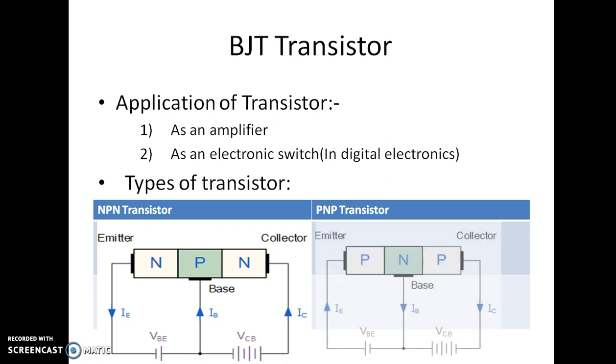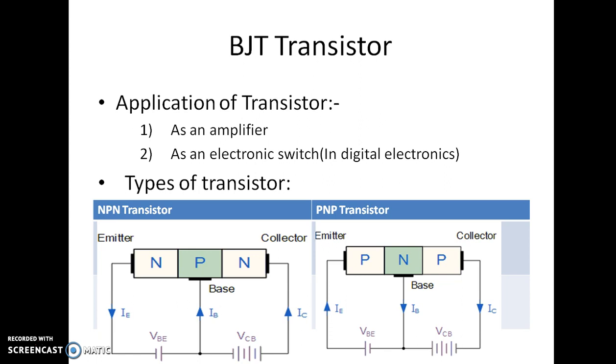Second is the PNP type transistor. In this case, the emitter is P type, base is N type, and collector is P type. In an NPN transistor, current is mainly due to electrons, and in a PNP transistor, current is due to holes. In practice, the NPN transistor is more popular than the PNP transistor. Why?